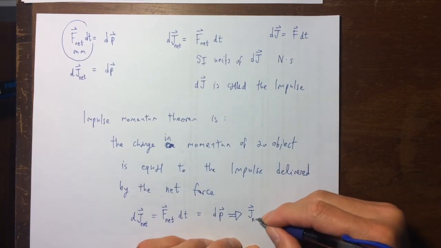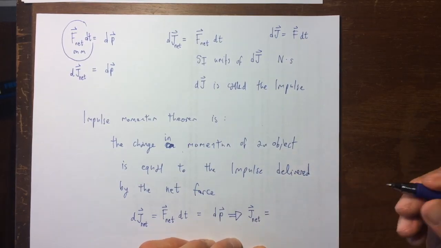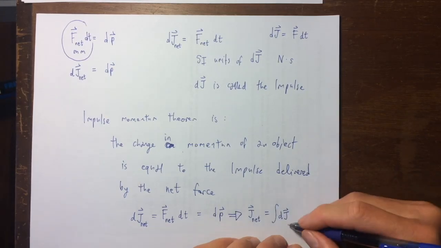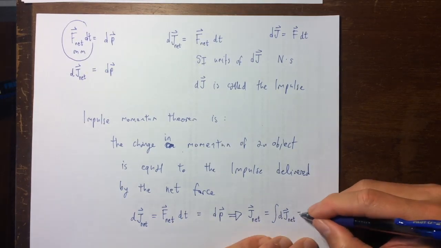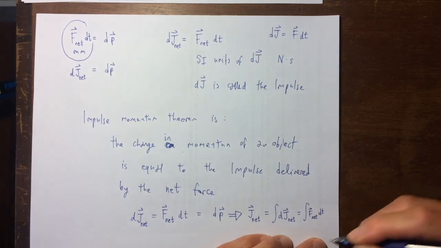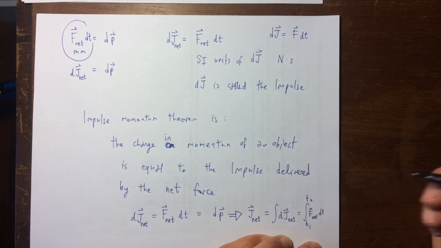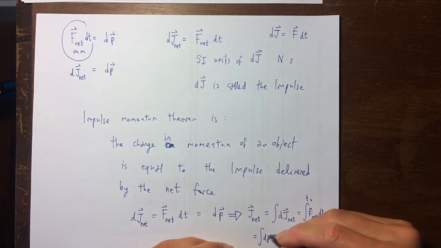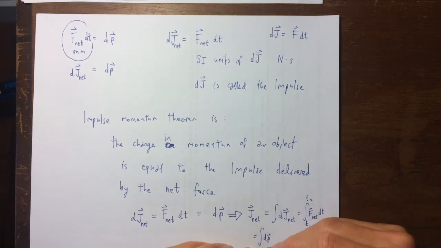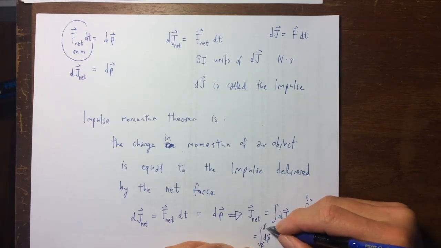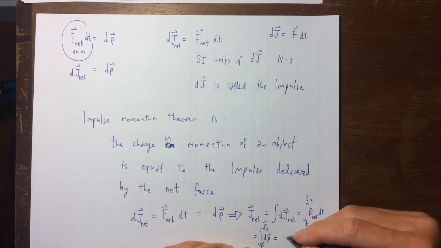So you really ought to match up the net impulse, which is the result of adding up all of the small impulses, which looks like this: the integral of f net dt from, say, t1 up to t2. It's equal to the integral of small changes in the momentum that go from, say, some starting value of momentum p1 and finish at a finishing value p2, which is p2 minus p1.